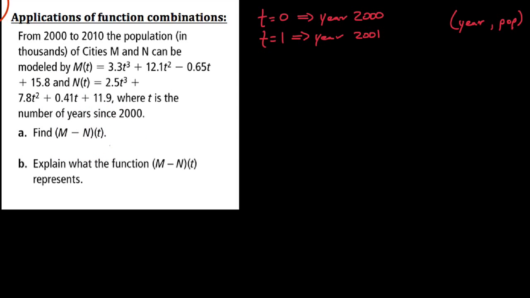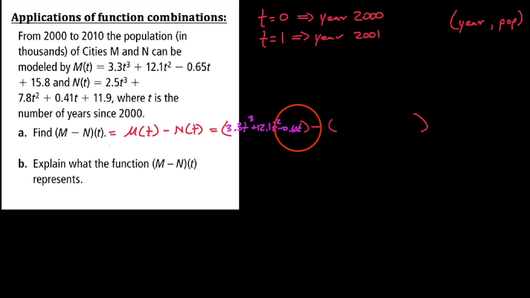The very first thing we ought to write is this: it means the same thing as M of T, the population of city M, minus the population of city N. So we'll just do what we know to do, which is our substitutions. M of T is given by 3.3 T to the third plus 12.1 T squared minus 0.65 T plus 15.8.